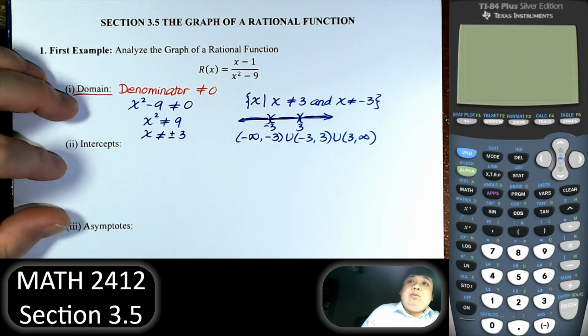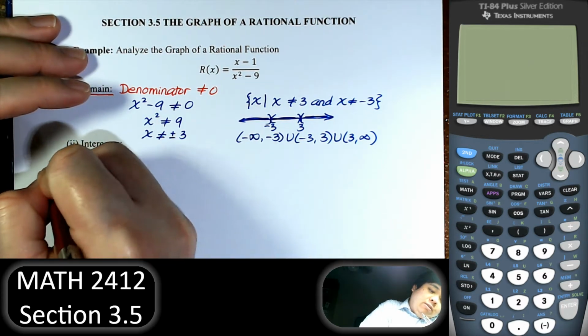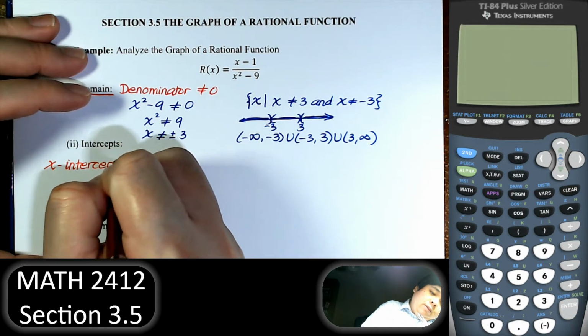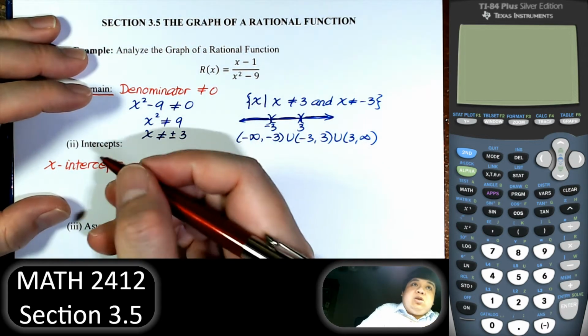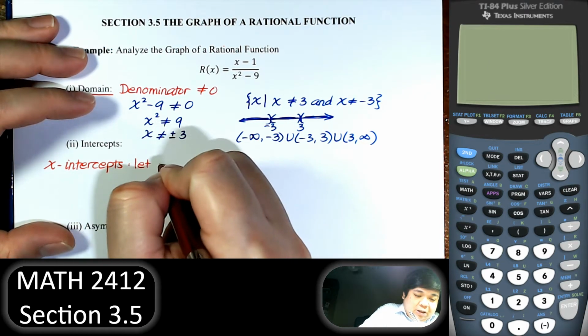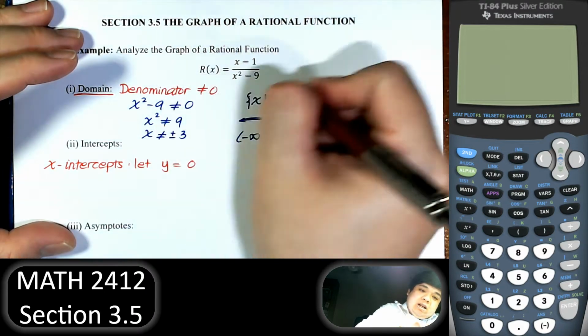Next, the x-intercept and the y-intercept. The x-intercept is where we let y equal to 0. So we will let this equal to 0.